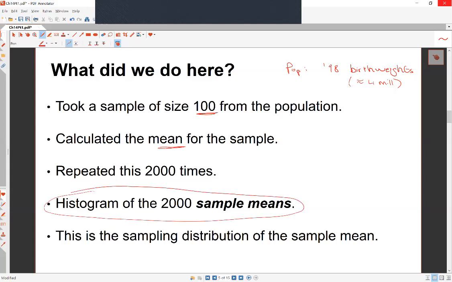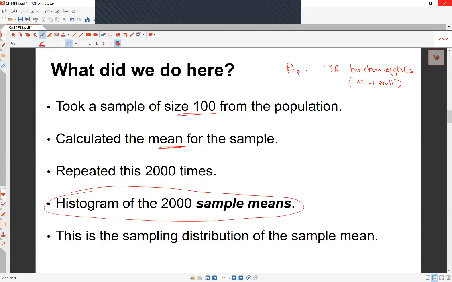So this is what we call the sampling distribution of the sample mean. It shows us what we would expect to see for a sample mean if we could repeatedly take different samples from the population. Because remember, each time that you take a sample from a population, even if the sample is the exact same size, in this case, size 100, it's going to give a slightly different result.